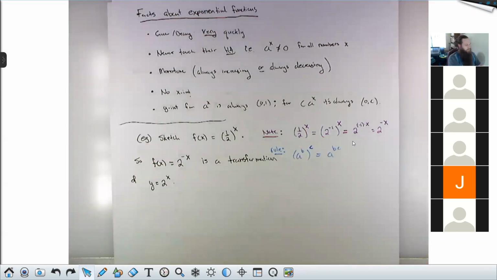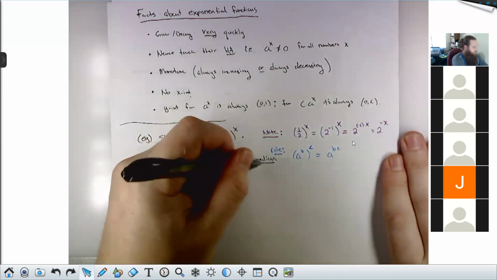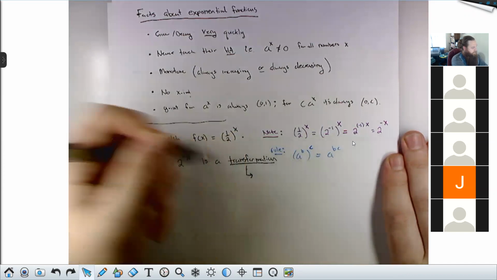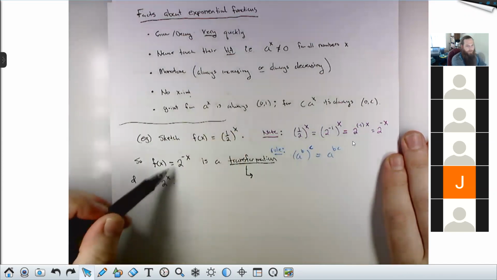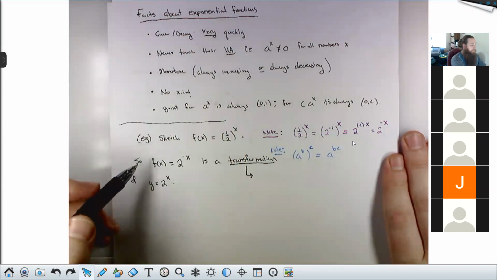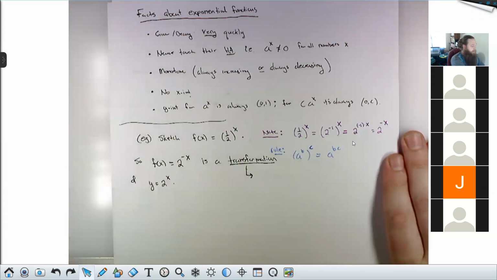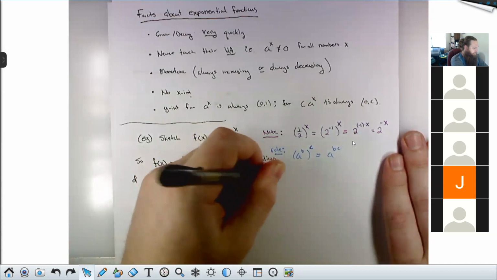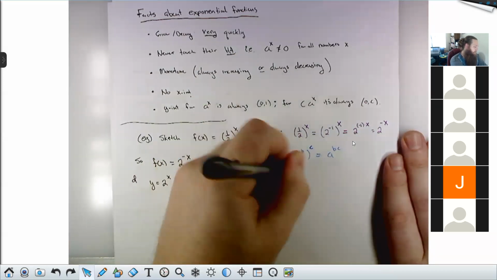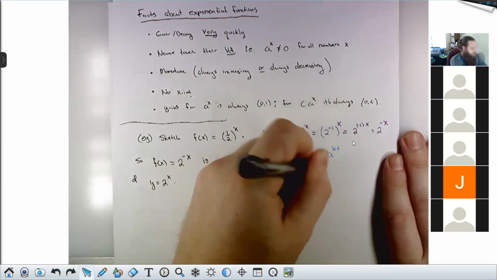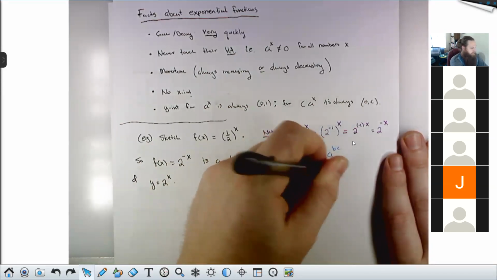Specifically, what transformation? What do I have to do to this graph to get this graph? Horizontal shift or flip? Yeah, it's a horizontal scaling, particularly a horizontal flip. Flip or reflection, it's about the y-axis.